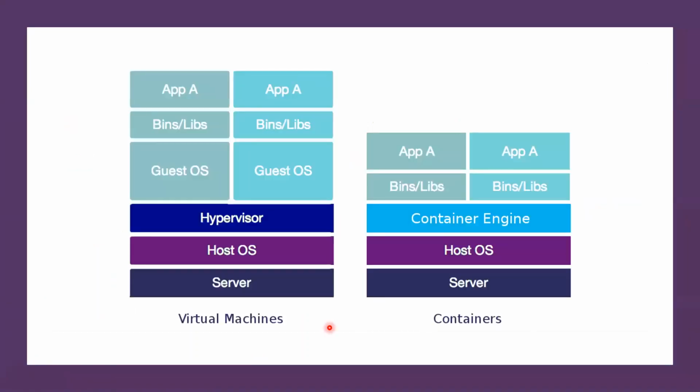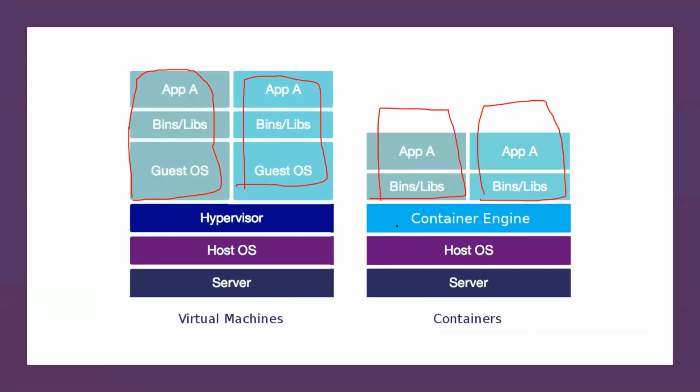If I have to show the server, we have the host OS. Here it's the hypervisor, whereas here it is my container engine. Here I have a guest OS, and this whole thing is one VM, whereas this one is my other VM. But here, this is one lightweight container and here the other lightweight container, sharing the same operating system.